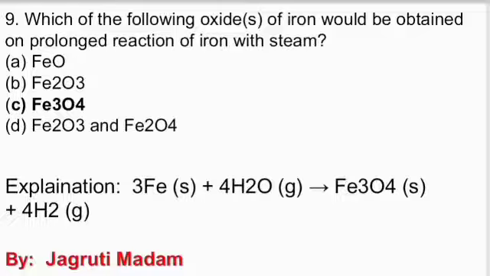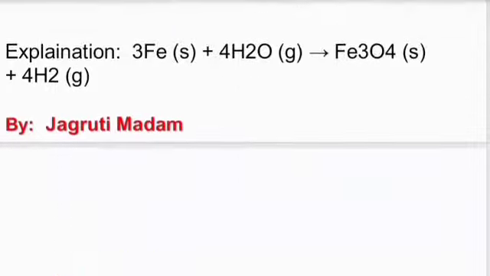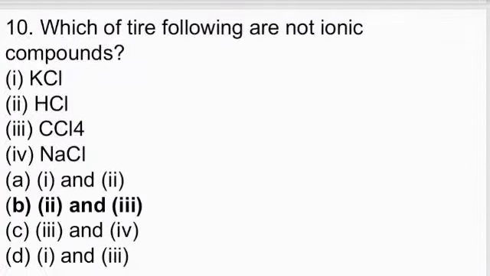The correct option is C, Fe3O4. The reaction for that is given below: 3Fe solid reacts with 4 moles of H2O in the gaseous state to give 1 molecule of Fe3O4 in solid state and 4 hydrogen gas molecules.